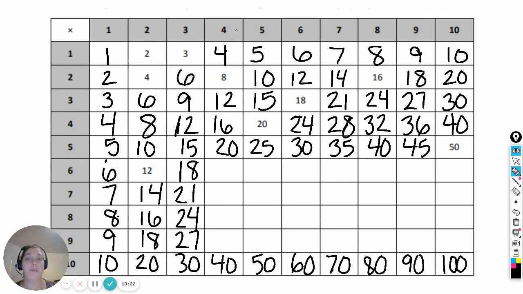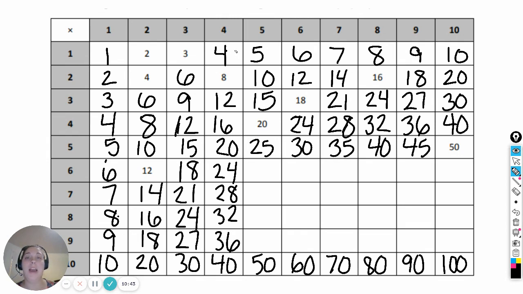Next is our skip count by 4s. So if you still have that on your whiteboard, you can look along, and yours should match what I have. 4, 8, 12, 16, 20, 24, 28, 32, 36, and 40.